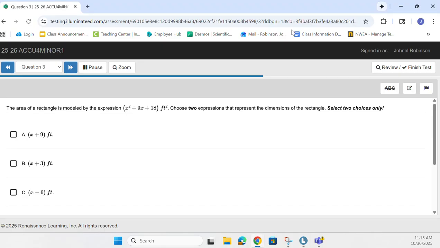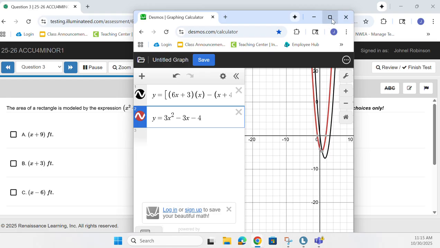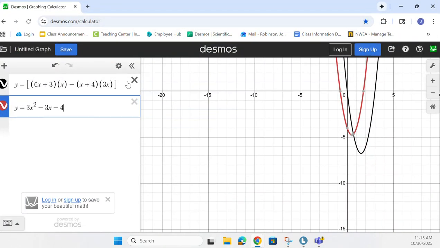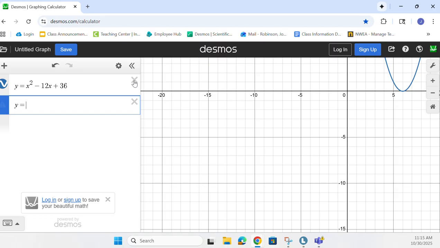So when you come over to Desmos, you need to write that the factors are the lengths of the sides. So y equals x squared minus 12x plus 36, and then y equals parentheses x plus 6 parentheses x plus 6.